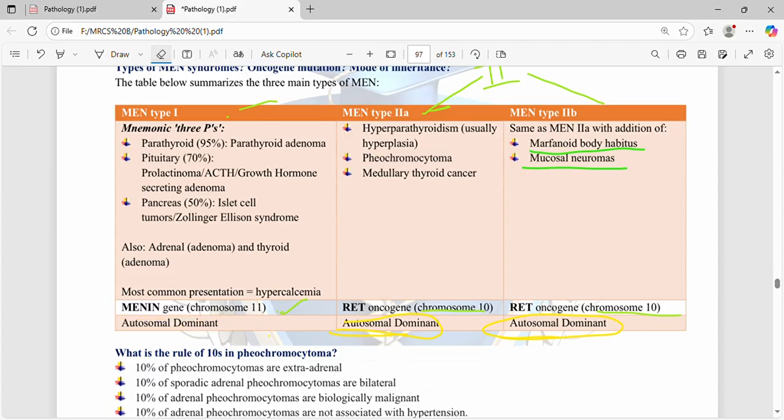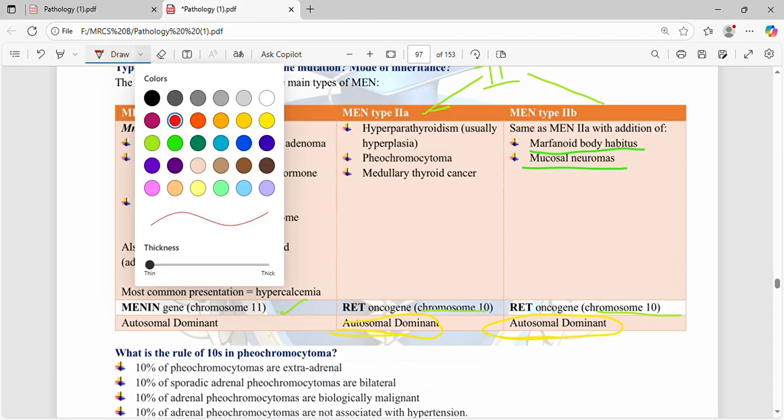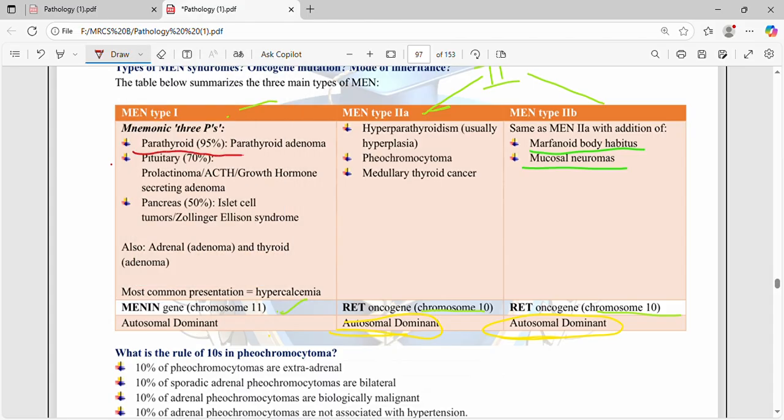So what are the components of MEN type 1? In MEN type 1 we have the parathyroid, with parathyroid adenoma or hyperplasia. Pituitary, 70%, prolactinoma. The pituitary can have any tumor, but prolactinoma is the most common.